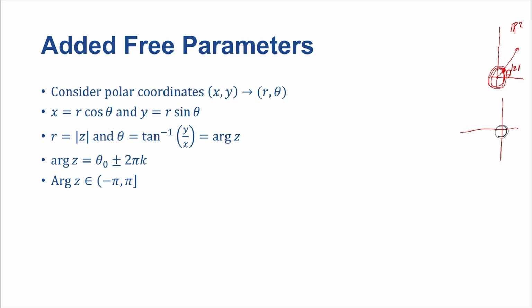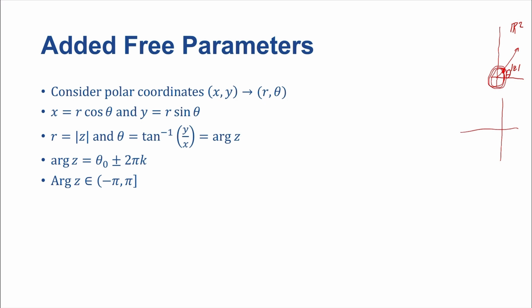It's still an interval of 2 pi, but we restrict the principal argument. When I say the principal argument, I really just mean the important argument, the general argument that we use, as opposed to the series of arguments with the little a.